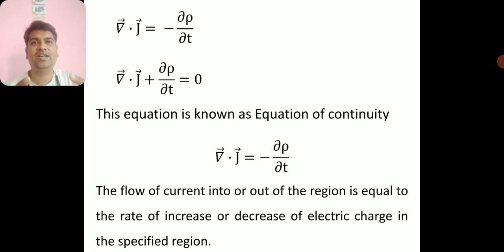There is a rate of decrease of charge in that particular region if div J is positive, because more charges are leaving the junction than entering into the junction. So overall, the equation of continuity tells that the flow of current into or out of the region is equal to the rate of increase or decrease of electric charge in that particular region.